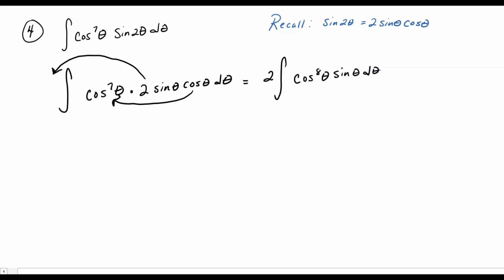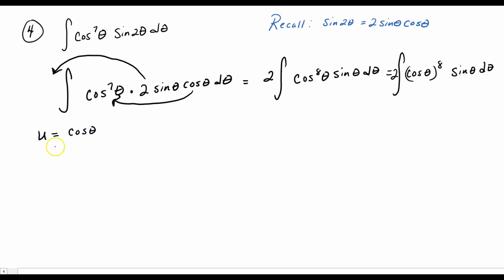Now you should start seeing that you're going to have to do some u-substitution. You can always rewrite this integral as 2 cosine theta to the 8th power times sine of theta d theta, so that you can set up your u substitution. Let's say that u in this case will equal the cosine of theta.